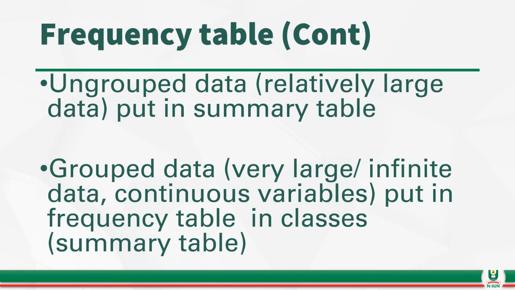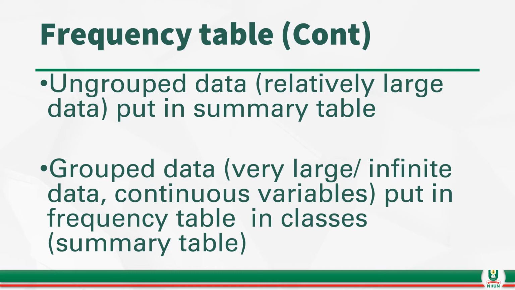So frequency table is basically, like I said, forms 3 columns. However, you can have an ungrouped data in a frequency table, and you can also have grouped data. In an ungrouped data, the data is usually relatively large, not really large, but relatively large, and you have to put it in such summary table called the frequency table.